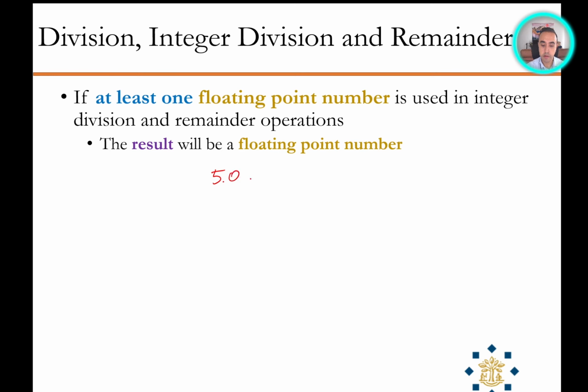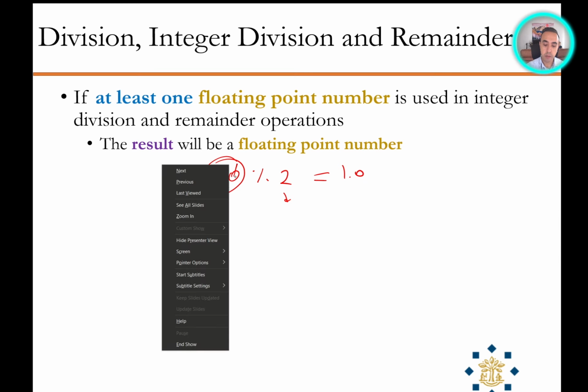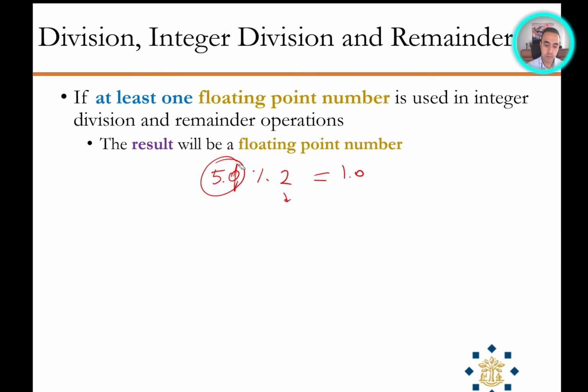So like 5.0 remainder 2 will be 1.0 because this one is float. Although this is integer, the result is float. But if we have both variables integer, like 5 remainder 2, now the result will be just 1, okay?